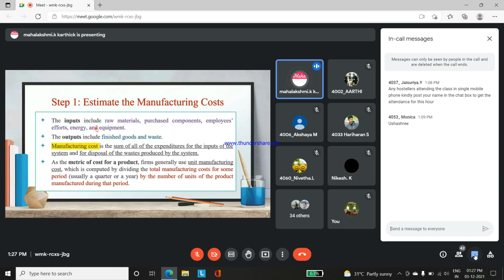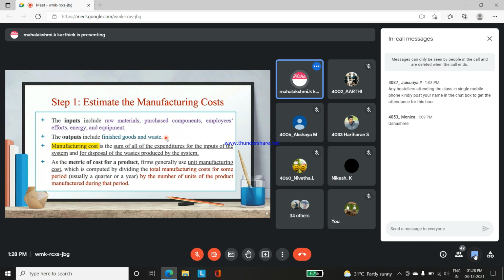So these inputs have to be considered for estimating the manufacturing cost, because as you all know, manufacturing cost comprises 3 categories: direct material cost, direct labor cost, and manufacturing overhead cost. So inputs like raw materials, purchased components, employee effort, energy and equipment have to be calculated for manufacturing cost. As a result, after applying all those inputs, you'll get an output of finished goods along with some wastage.